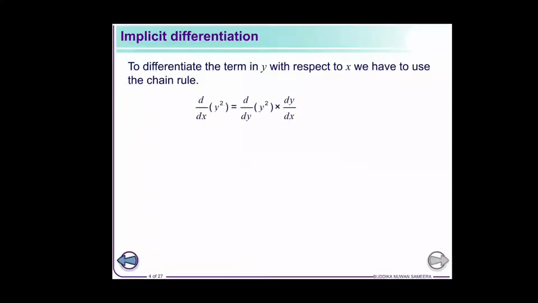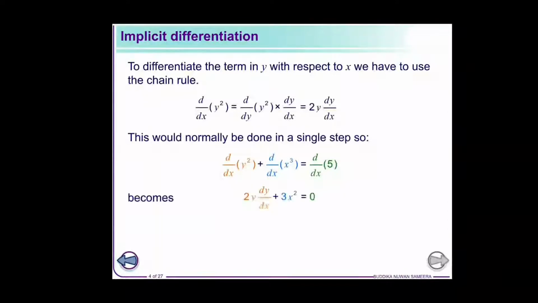So what can we do? We can differentiate y with respect to y, then you can change the subject from y to x by multiplying by dy over dx. So we know that when you differentiate y square, the answer is 2y. Then you have to change y to x by multiplying by dy over dx.